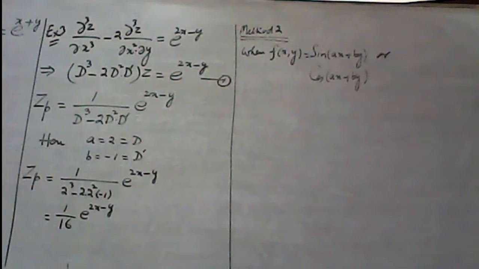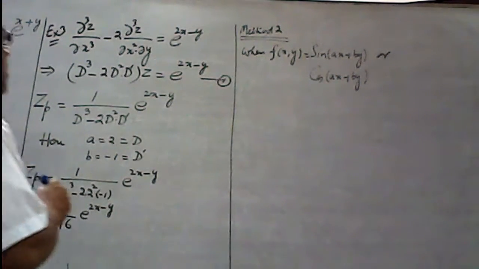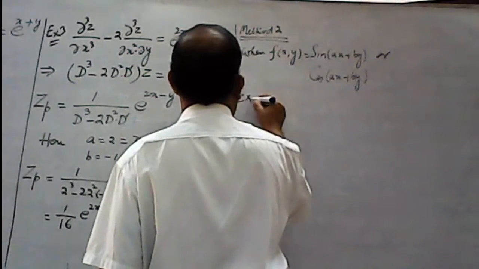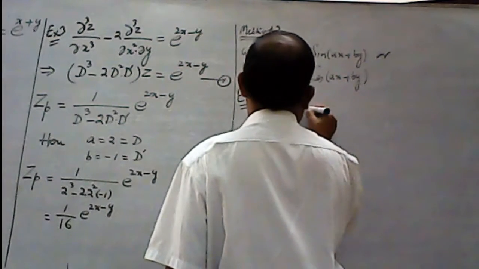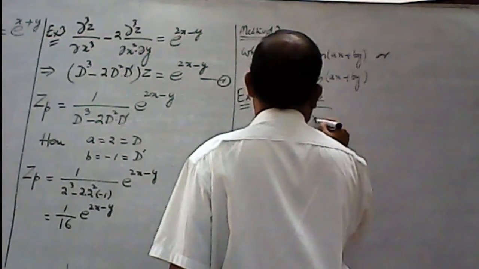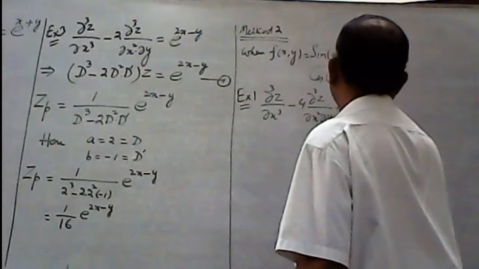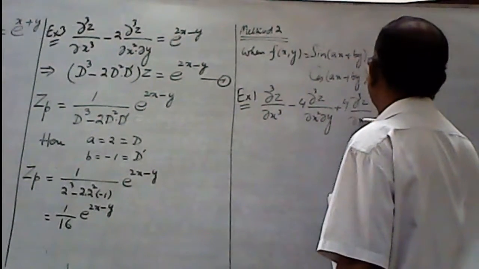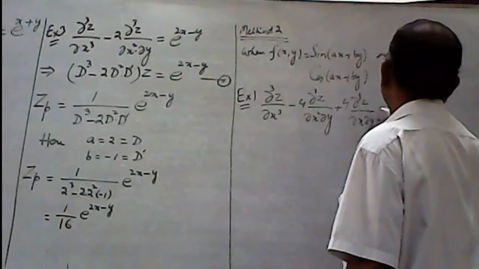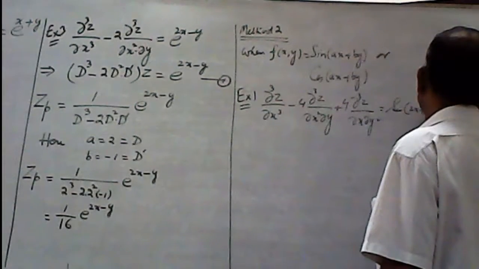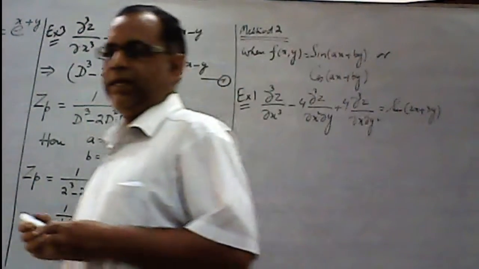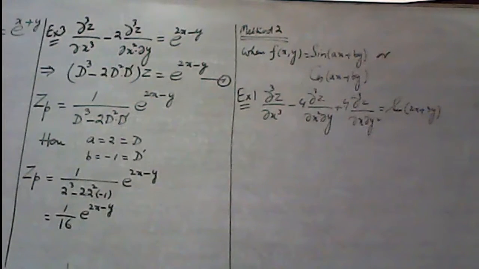So considering an example, example 1. Let's say we have this example: partial derivative of order 3 of z with respect to x squared y plus 4 times partial derivative of order 3 of z with respect to x y squared equals sin(2x+3y).